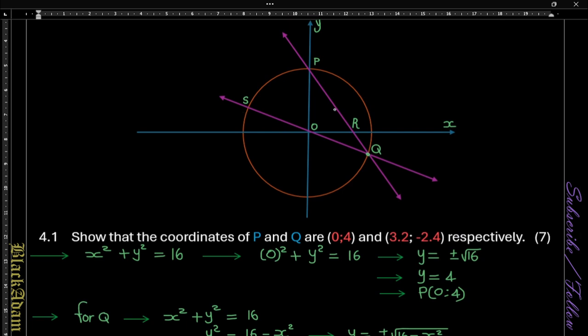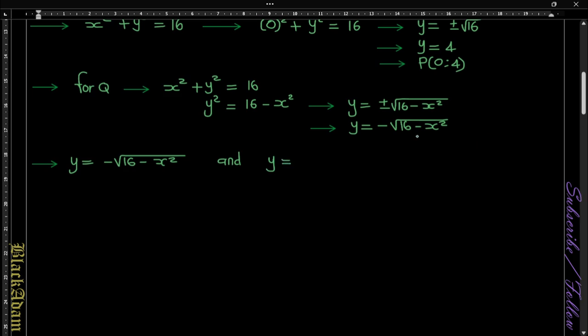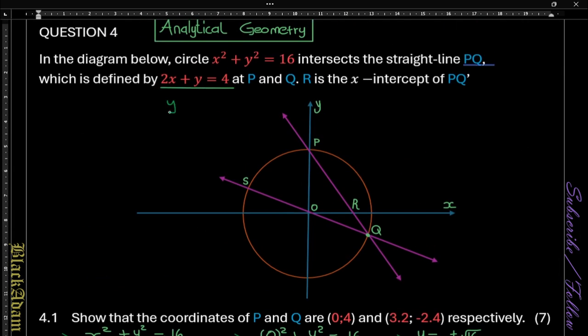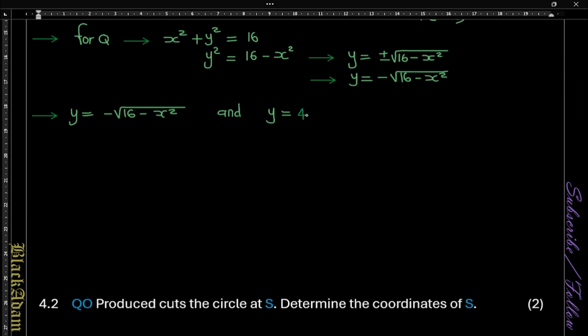Okay, so we have two equations that meet. We have y is equal to negative root 16 minus x squared, and the other equation, y is equal to 4 minus 2x.